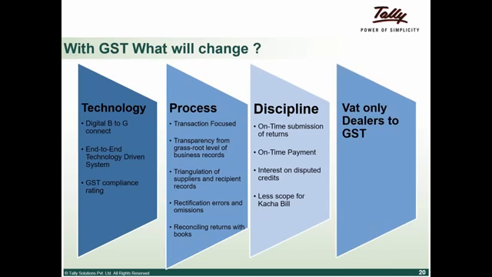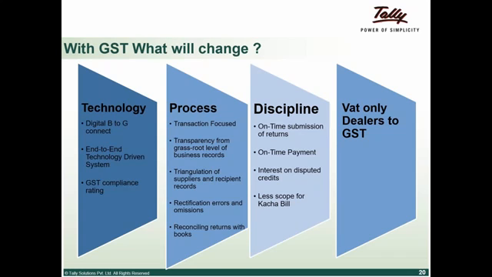And what is one major change that is going to happen for the VAT-only dealer? Since the VAT exemption limit ranges between 5 to 25 lakhs across the country, and the excise threshold limit is 1.5 crore, even if I'm a manufacturer with annual turnover less than 1.5 crore, I will not be registered under excise.